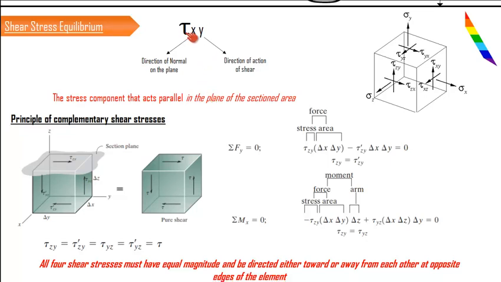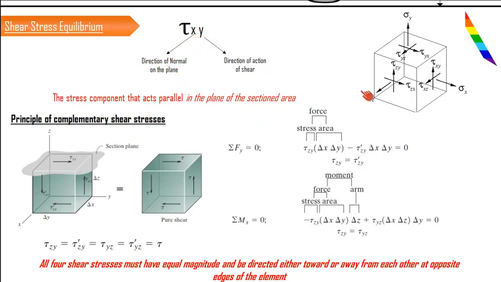Usually along with the shear stress, even normal stresses have two letters, but generally it is not used in normal stresses. But shear stresses are always associated with two suffixes. So what is the meaning of these suffixes? The first letter indicates the direction of the normal on the plane.